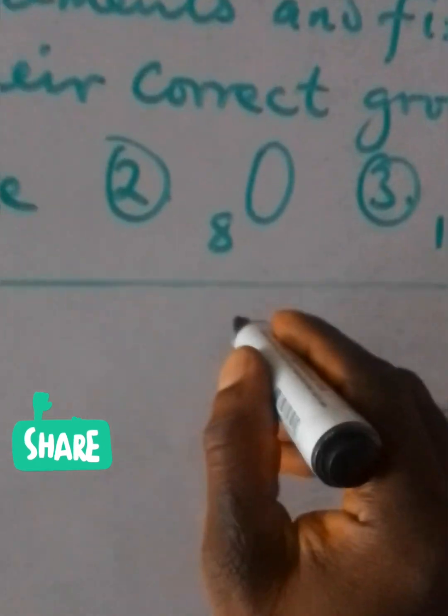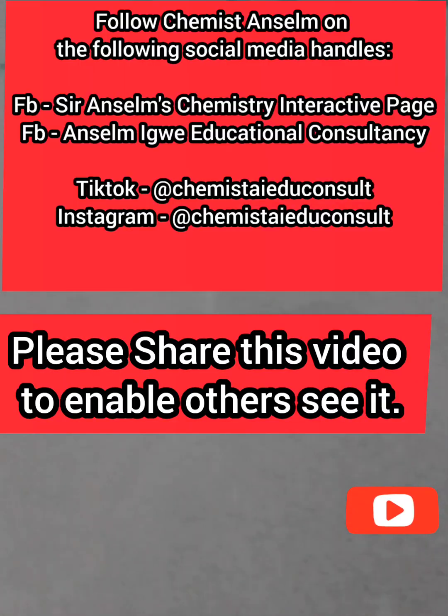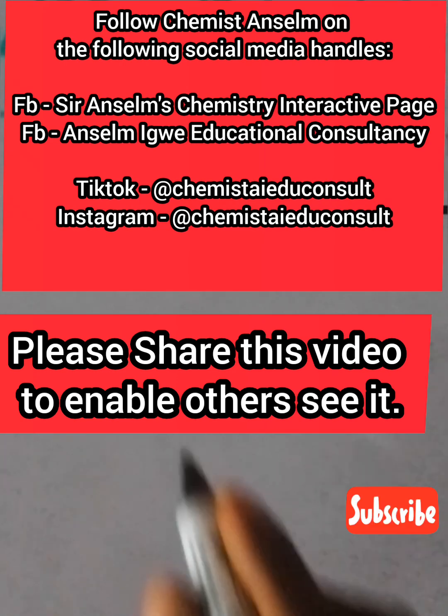So, what you do is just to draw the miniature periodic table for the first 20 elements, which has only 4 periods and 8 groups. So you draw it.